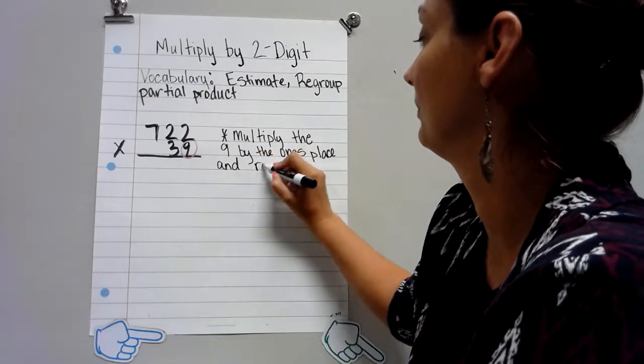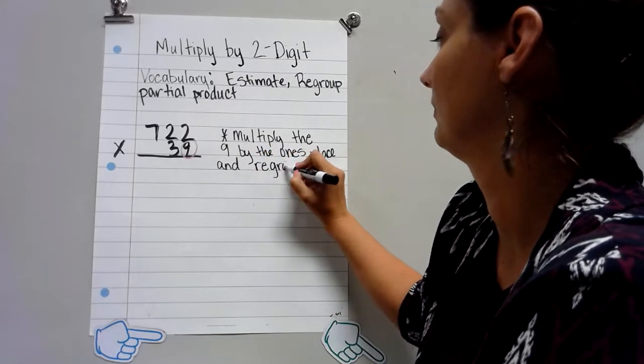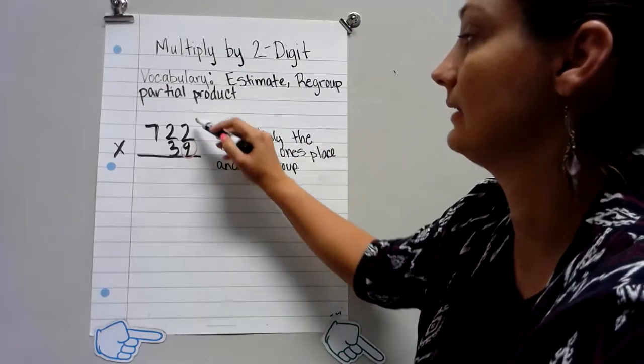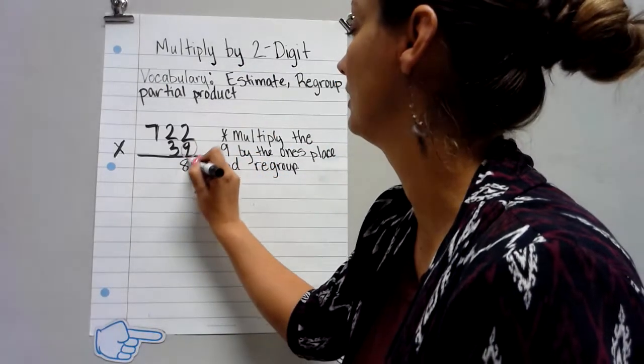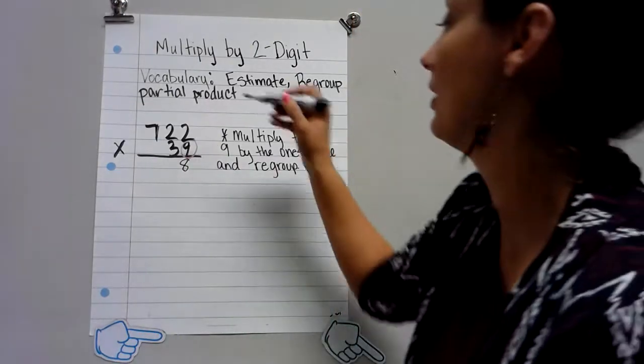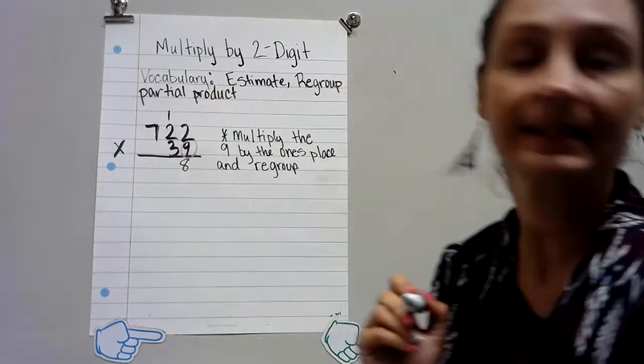And regroup. So 9 times 2 is 18. So I'm going to put the 8 right here. And then I'm going to regroup the 1 over here in the tens place.